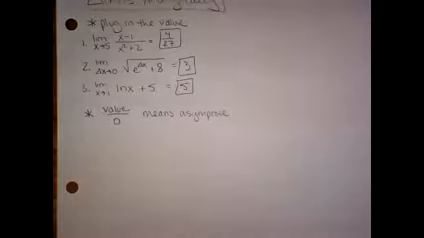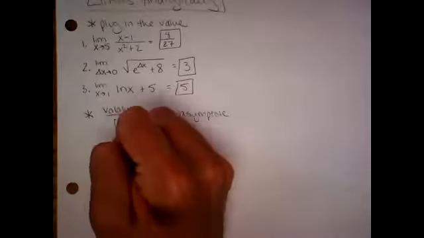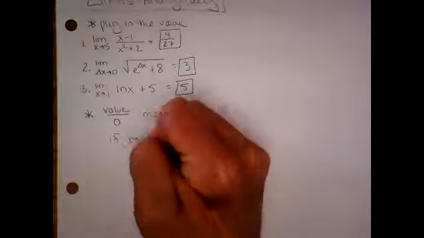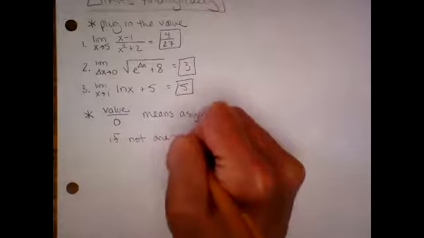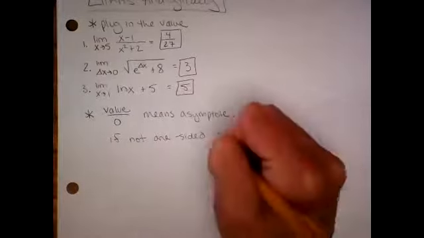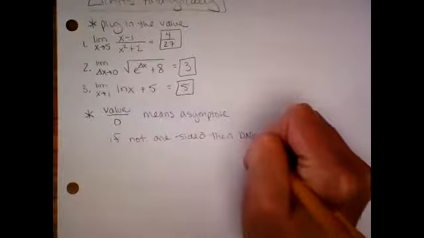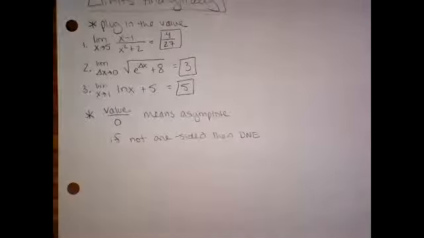So right off the bat, if there's an asymptote and your limit is not one-sided, if it's overall, then your answer is going to be does not exist. If there's an asymptote, you can only get an answer if it's from the left or from the right. So if it's overall, just automatically answer DNE.